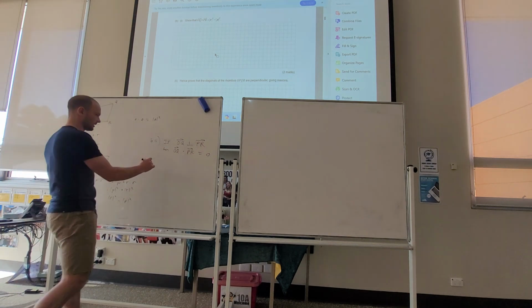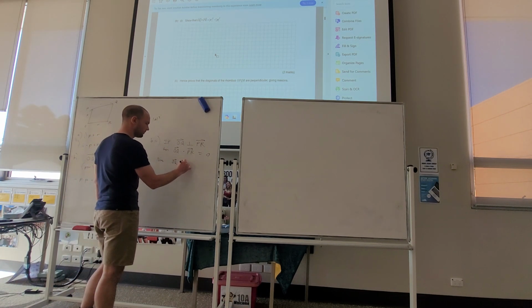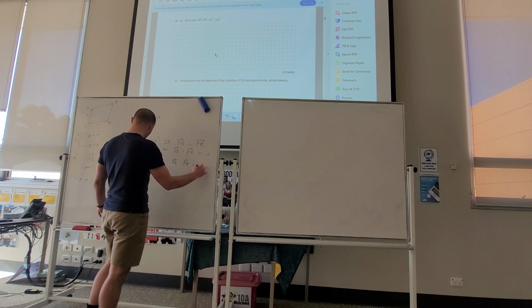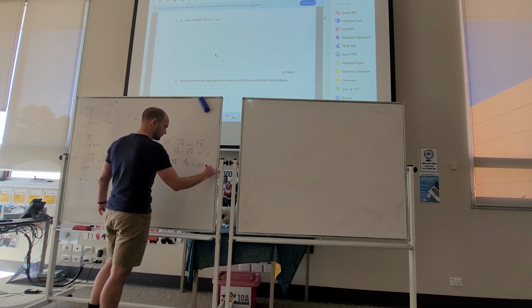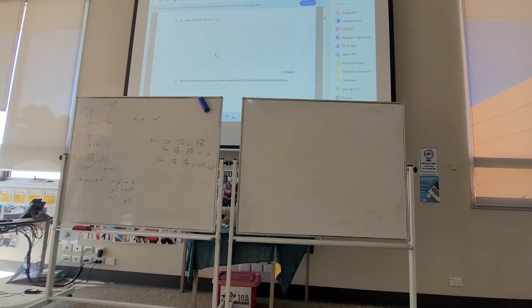And then we'll say something like this. Now, OQ dot PR equals the modulus of R squared, take the modulus of P squared. That's what we observed in B part 1.